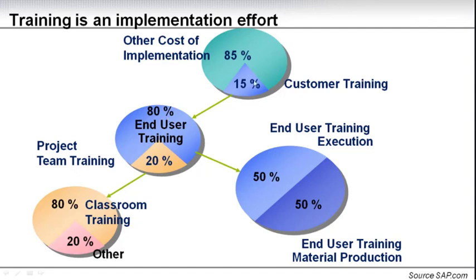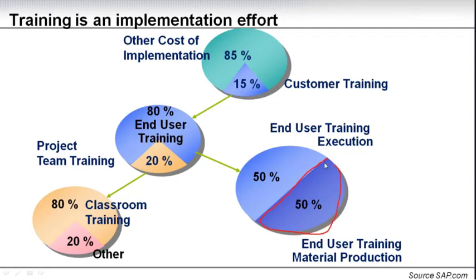This is 80% of the total training budget, and the effort is split 50-50 between the actual training of the end users and preparing the training material and the other prerequisites for doing the training. So you want to be very effective in your preparation.